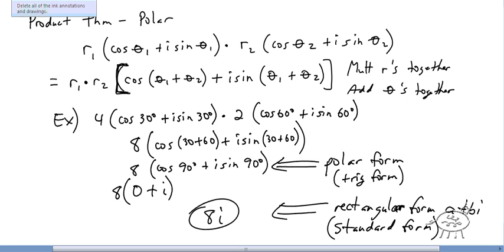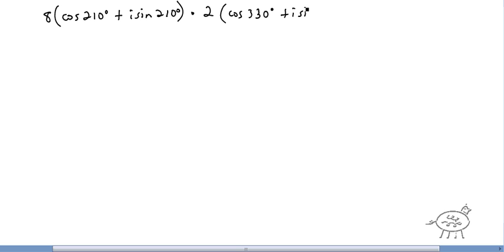Let's do another example. If I have 8 cosine of 210 plus i sine of 210, times 2 cosine of 330 plus i sine of 330.